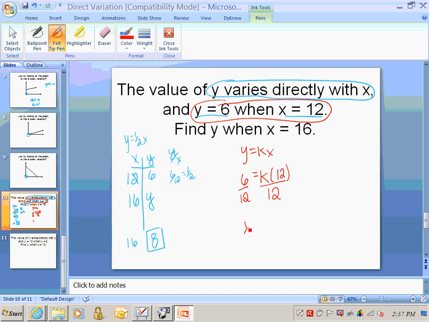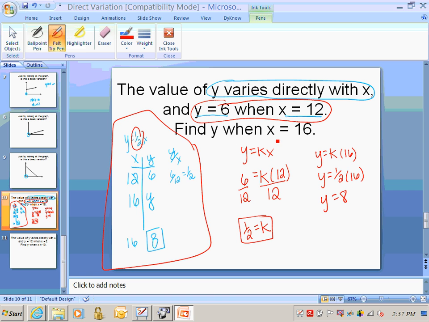That's going to give me 1/2 equals k. Same number over here. So then to fill it in, y equals k times 16, the x, I would have y equals 1/2 times 16. So y equals 8. So really, these are two different methods.